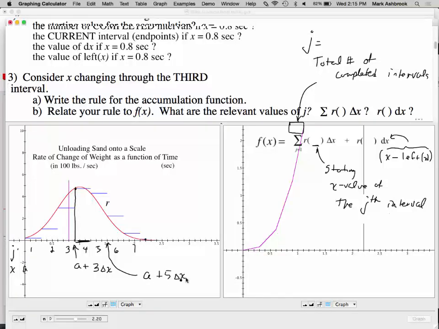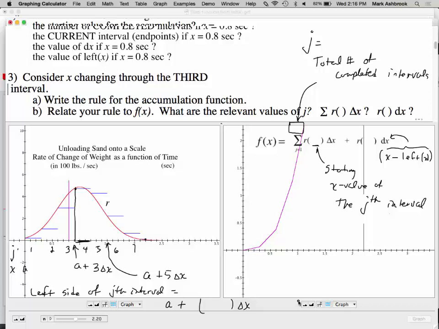So therefore, the left side of the jth interval is always a plus how many delta x's? J minus 1, right? If it was the fourth interval, I needed 3 delta x's to get to the left side of the fourth interval.